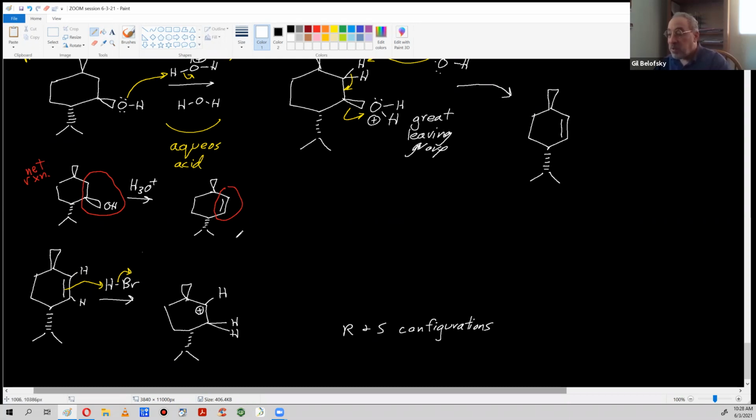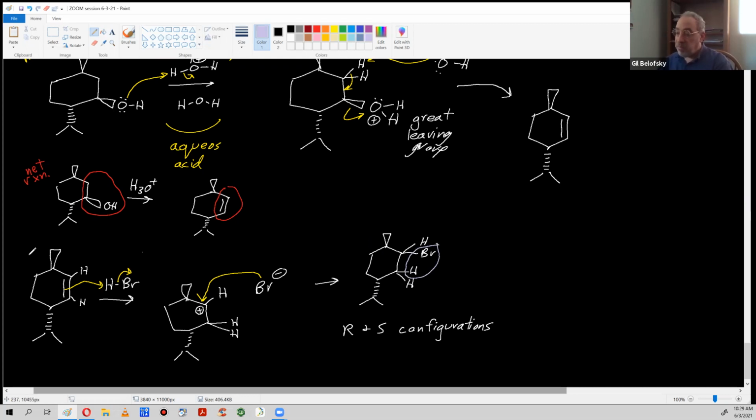Hopefully all this looks familiar from way back. And the bromine is still floating around as a minus, and that in a second step comes in and bonds directly to the plus charged carbon, giving us HBr, and essentially we've added HBr across the double bond.